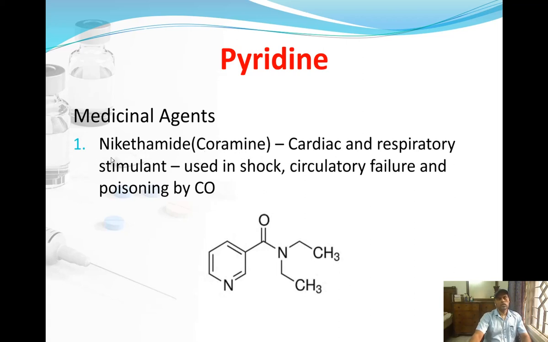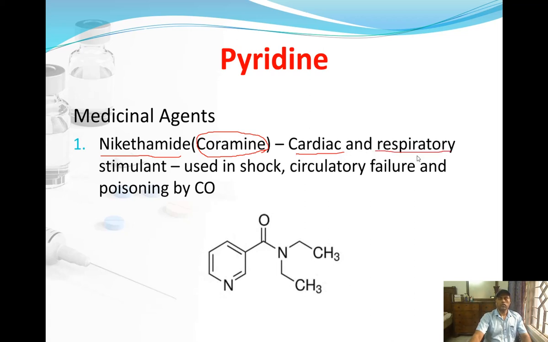The first one is nicotinamide. Coramine is the popular brand. Now this brand does not exist, but it is well known as the brand Coramine, right? Nicotinamide is used as a cardiac and respiratory stimulant.